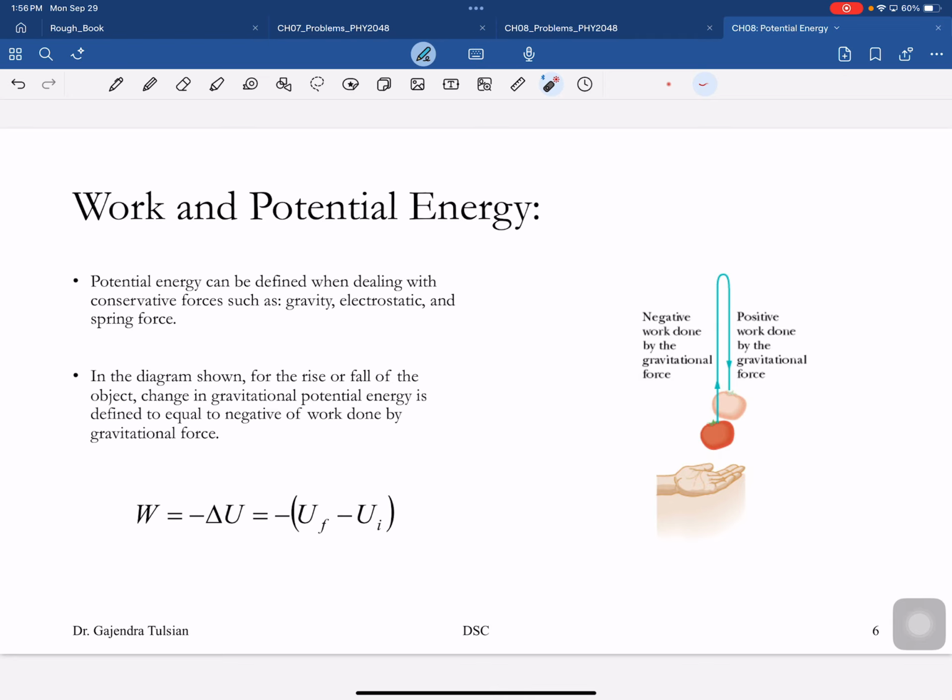All right, so we just saw that the work done by a conservative force is just the negative of the change in potential energy. So potential energy can be defined when dealing with conservative forces. How is the force related to the potential energy? Telling you something that we'll see again.